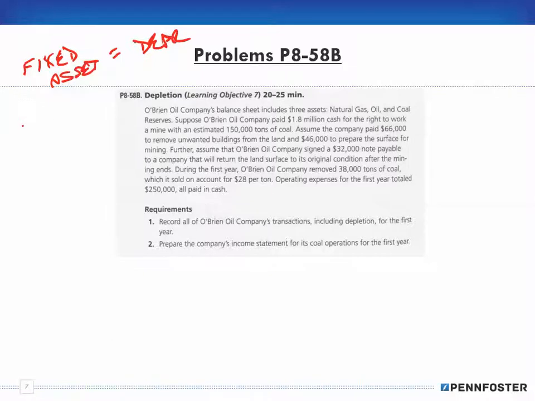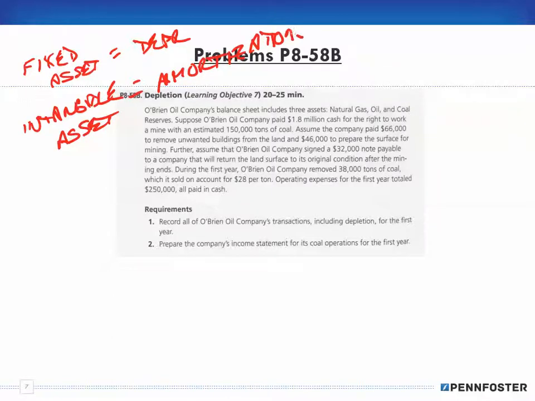If you have an intangible asset, you think in terms of amortization. And if you're thinking about natural resources, you think in terms of depletion.